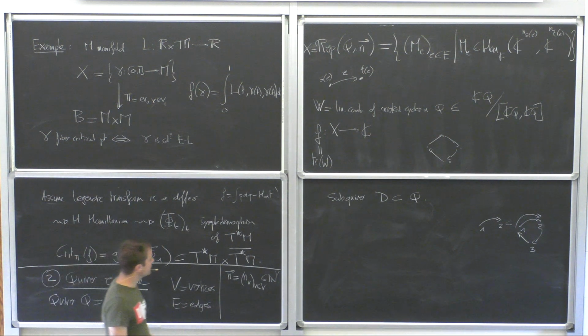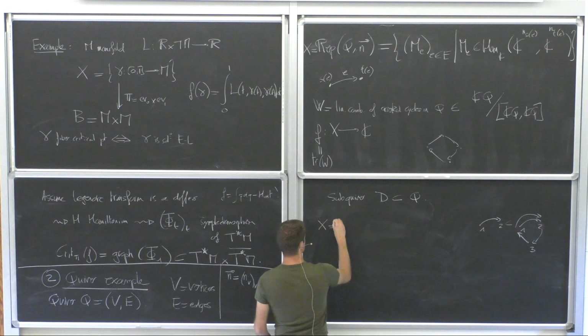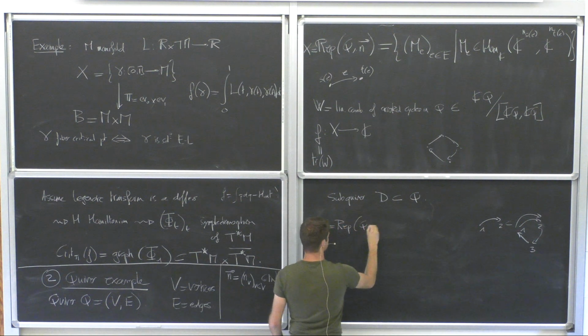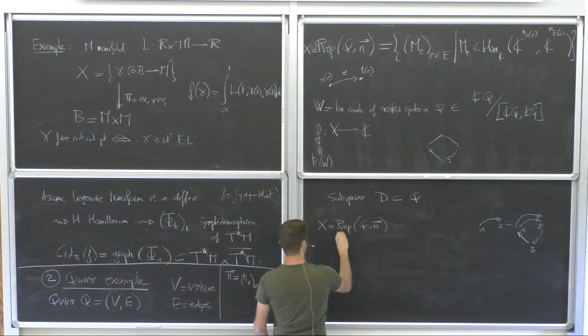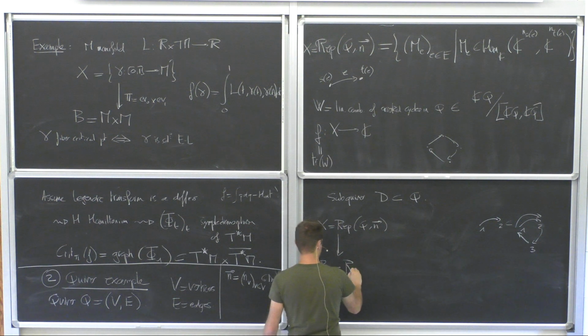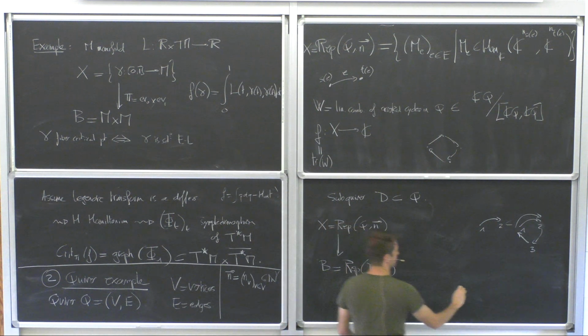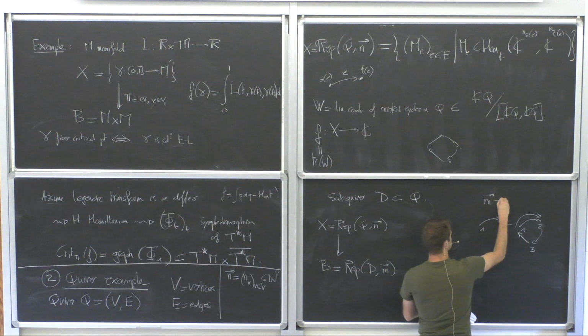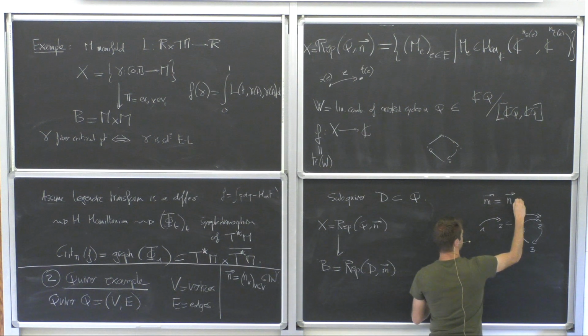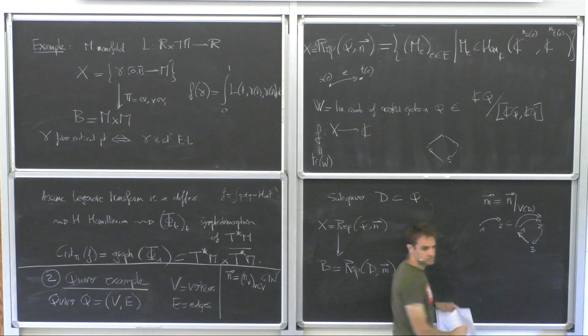Okay. Now, I have X, which is representations of Q of dimension n, and then I can restrict to B. That's going to be representations of D of dimension vector M, where M is just the dimension vector n restricted to the vertices of D, right?